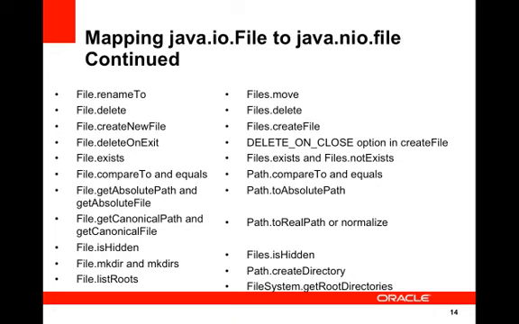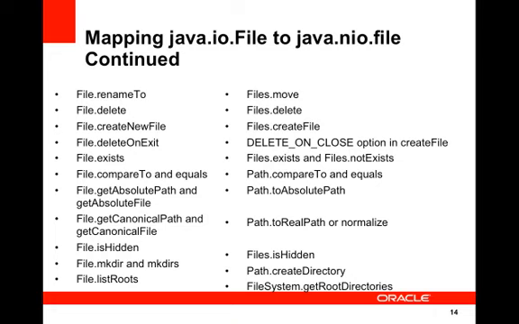This is where we'll start using Path here. getAbsolutePath, getCanonicalPath, or normalize. Is it hidden? Files.isHidden. File.mkdir, this is where we're going to want to do Files.createDirectory, and File.listRoots, FileSystem.getRootDirectories.